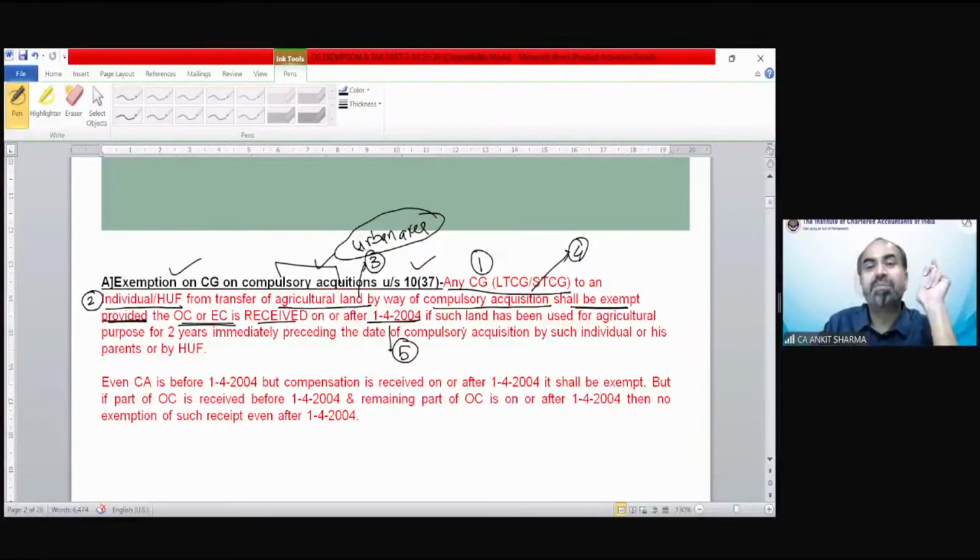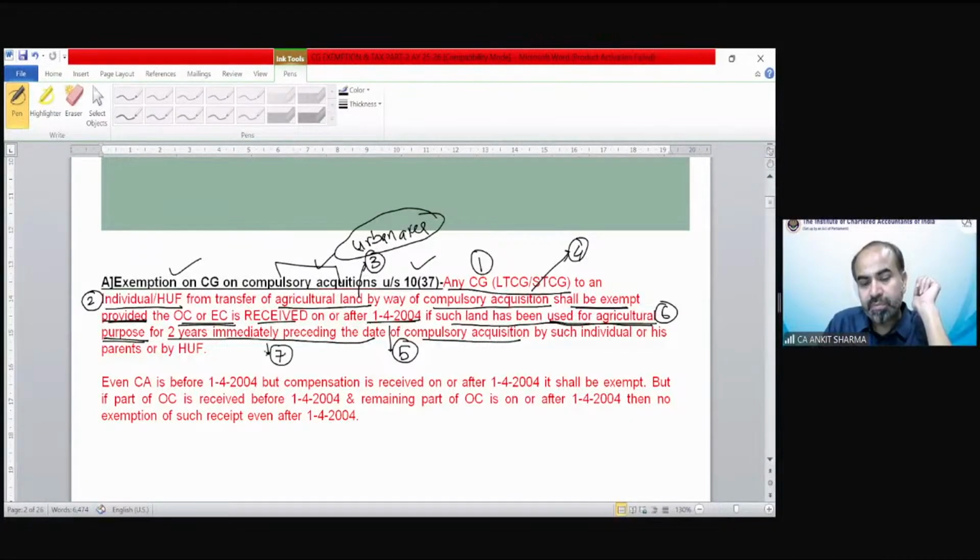More conditions are there. If such land has been used for agricultural purpose. So the land which is an agricultural land should be used for agricultural purpose, and that is point number 6. And the 7th important point: at least 2 years immediately preceding the date of compulsory acquisition. At least 2 years.